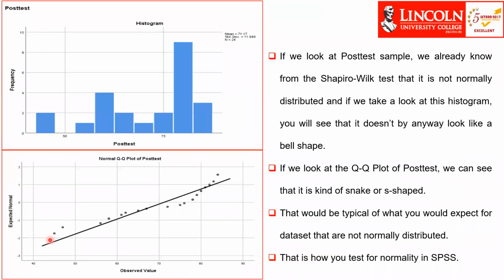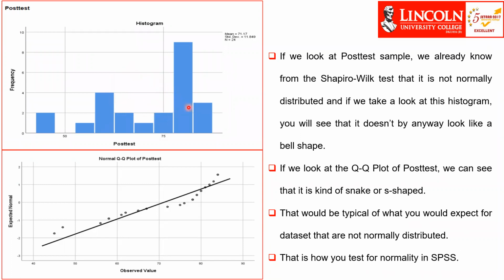Now, if you look at the histogram for the post-test, you will see that it doesn't in any way look like a bell shape, even though from the Shapiro test, we already know that this one is not normally distributed.